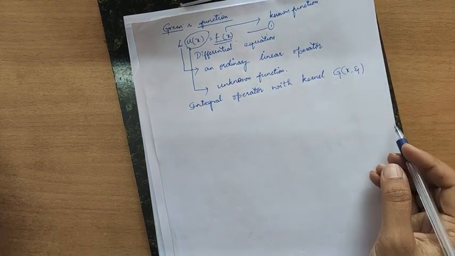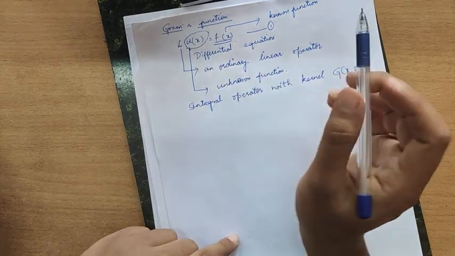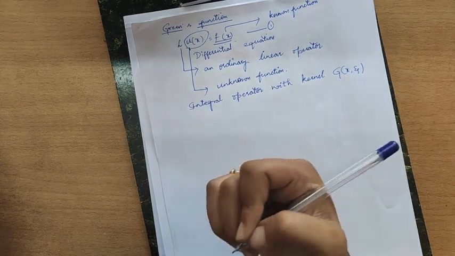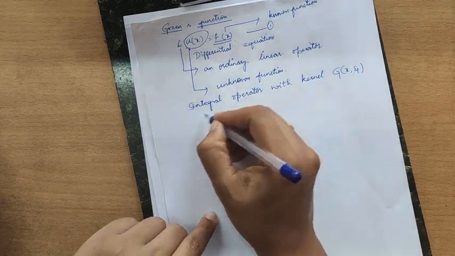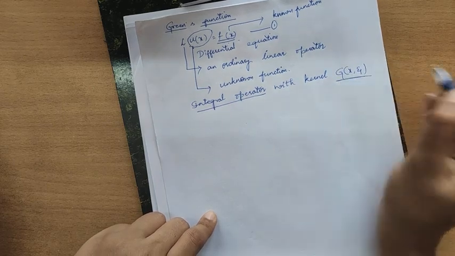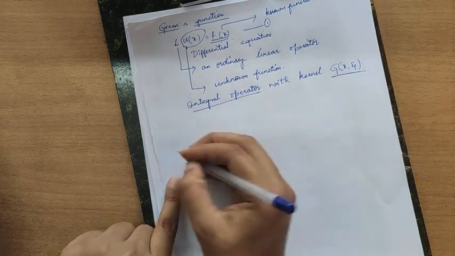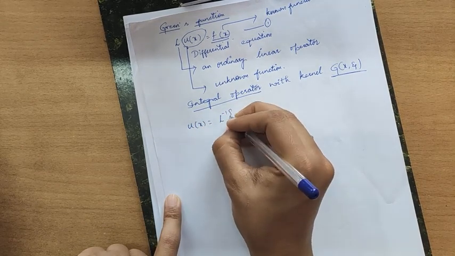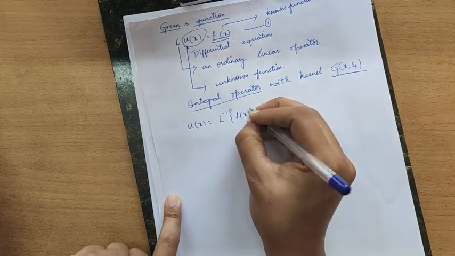That means we have to find out this unknown function. For that, we are trying to find the operator L inverse in the form of an integral operator with kernel g of x comma z, such that u of x is equal to L inverse of f of x.